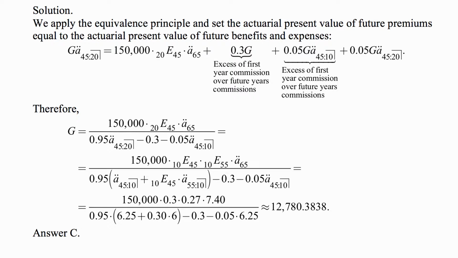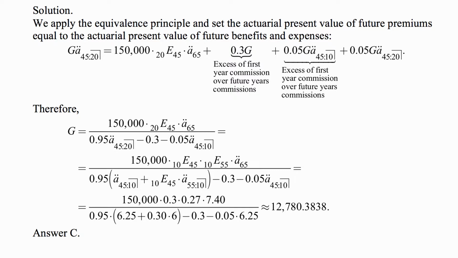And all we do now is just solve this for G. So combine the terms with G on the left-hand side, and then factor out the G and divide by all the numbers that G is multiplied by. Now, of course, ä_{45:20} minus 0.05 ä_{45:20} will give us 0.95 ä_{45:20}.